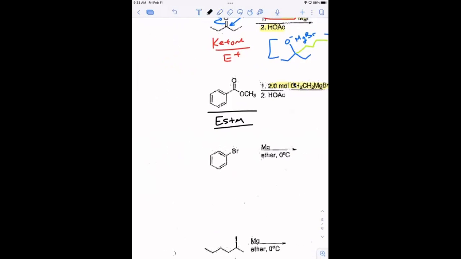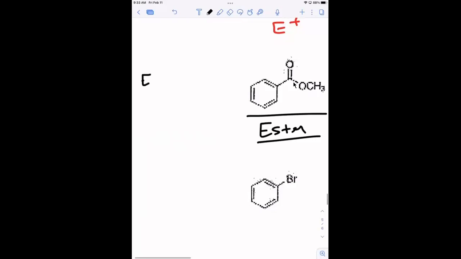Would that be a ketone? 2 moles of the Grignard. I'll get a ketone if I use 1 mole. And would it be an alcohol? Yeah, you're going to get an alcohol.